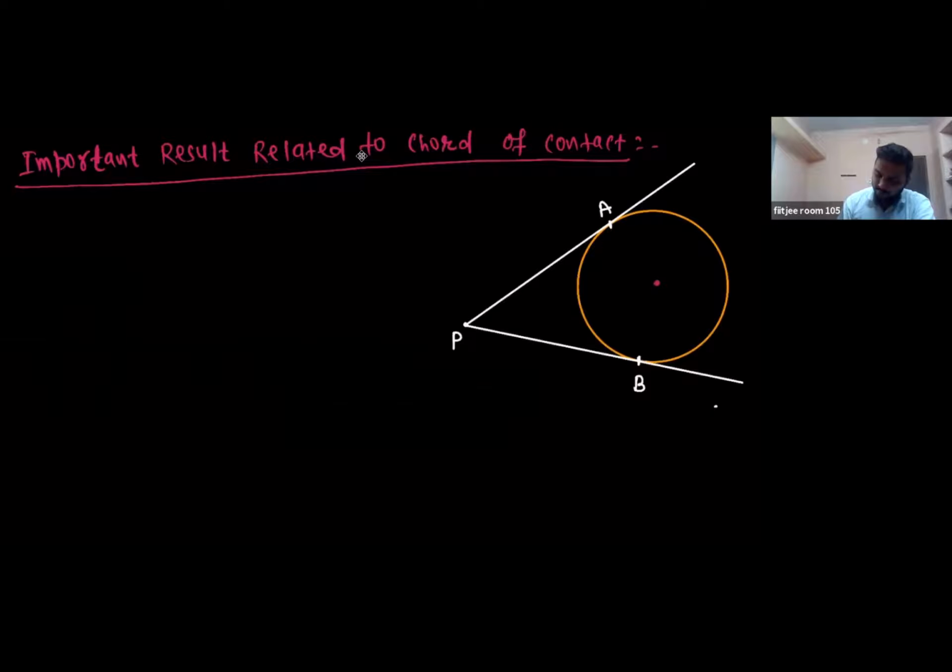I want to draw one chord of contact AB. So this is our chord of contact AB. Correct now? This is our chord of contact AB.